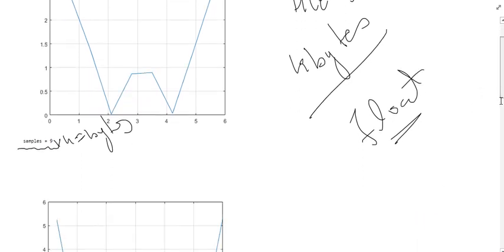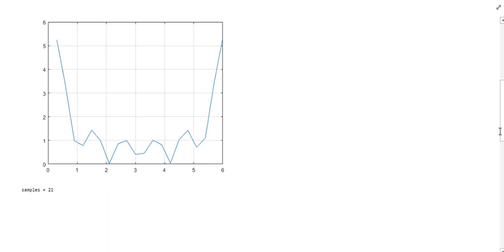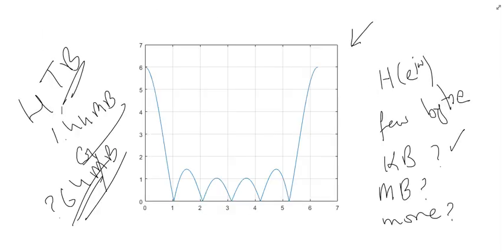But here you will require 21 into 4 bytes to store this image in your computer, but still you don't want to save it because it is not close to original Fourier transform, which is this one.